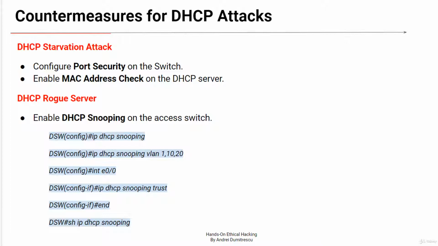To prevent a DHCP starvation attack that uses DHCP requests encapsulated with the same source MAC address, so the hacker sends all DHCP requests with the same MAC address, you can enable MAC address check on the DHCP server.